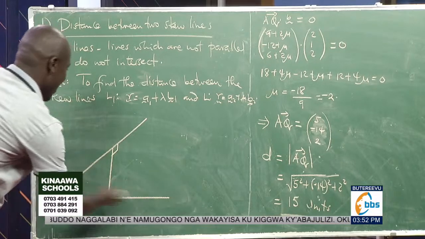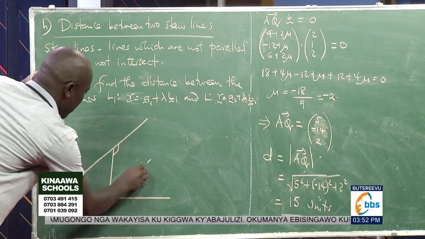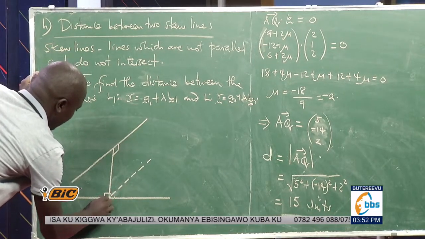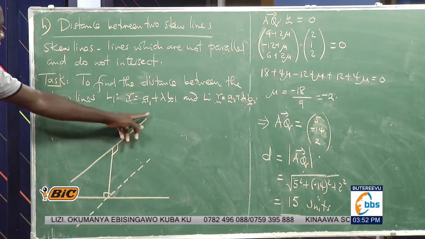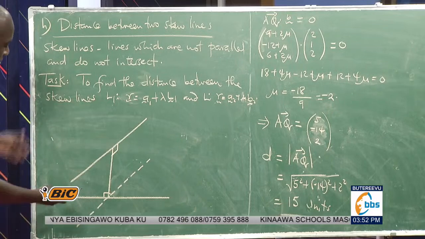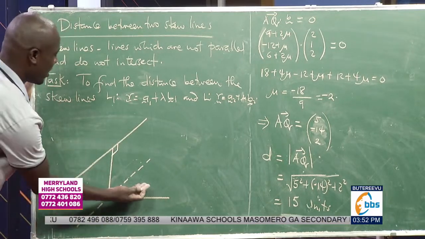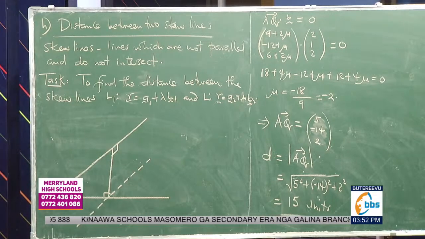Now this line is lying in some plane, so let us assume this is the image of this line here in the plane containing this line, but that plane is parallel to that line.